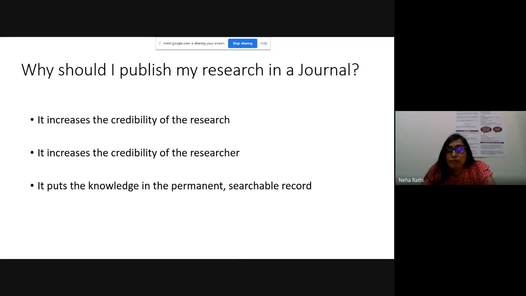Of course, increasing the credibility of the research is important, but similarly, it also increases your credibility as a researcher, as well as the institution you're working for. Let me tell you one thing. Since you are young, maybe once you apply for lectureship positions or PhD positions, and maybe after your PhD, the first thing you will be asked is how many articles you have written or published in peer-reviewed journals, because that's the currency of any researcher.